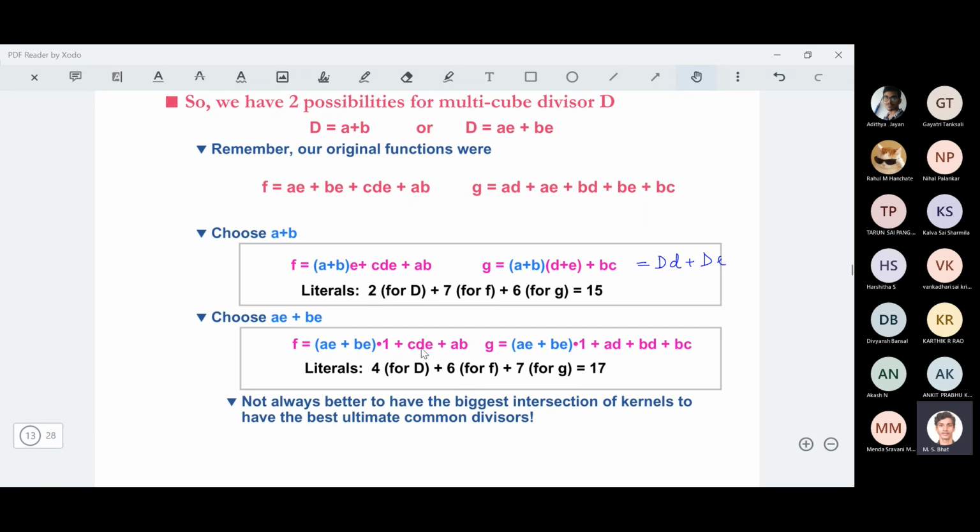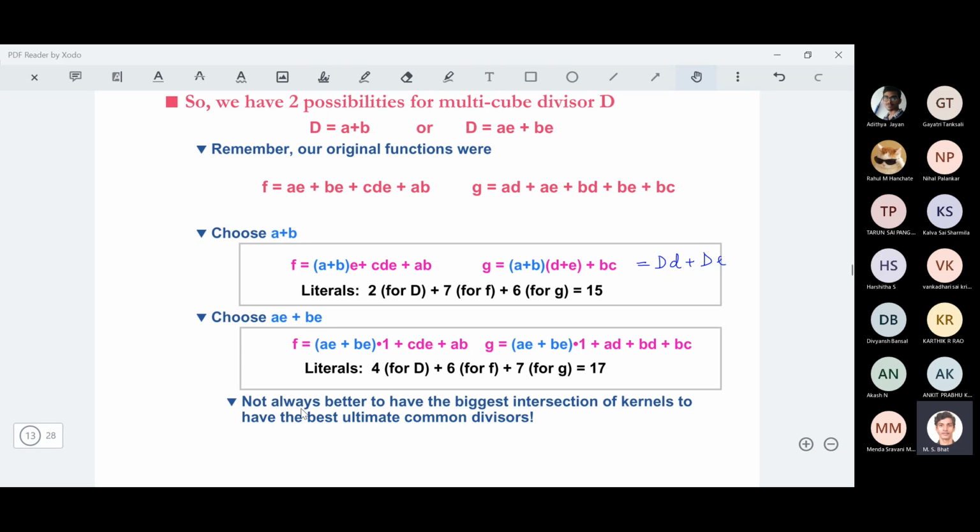Then 6 for F, and 7 for G. So 13 plus 4, 17. So the total cost of implementation becomes 17 if I extract AE plus BE.